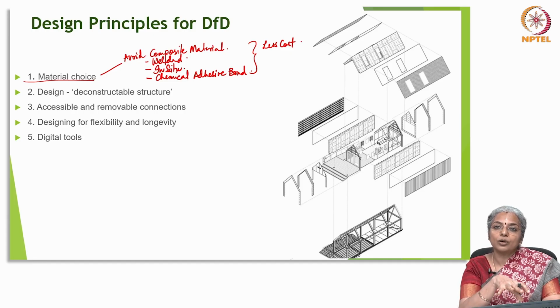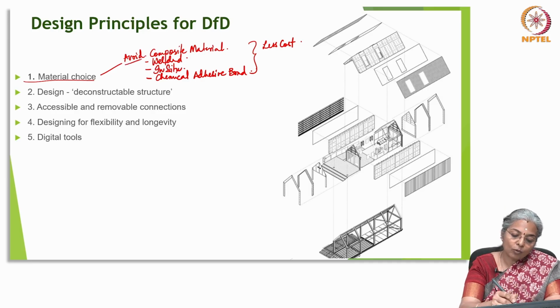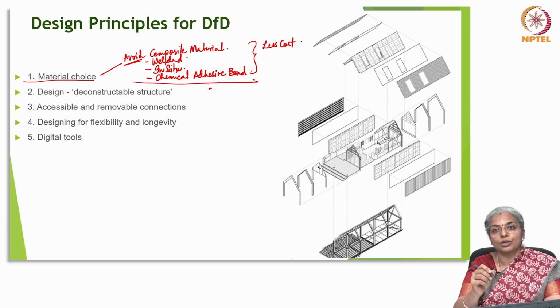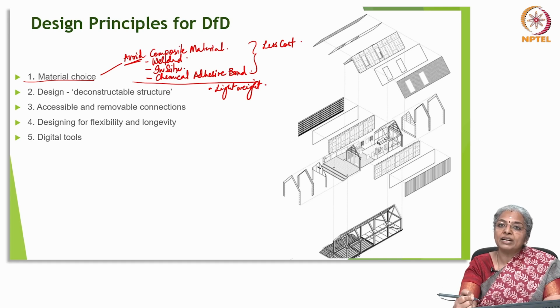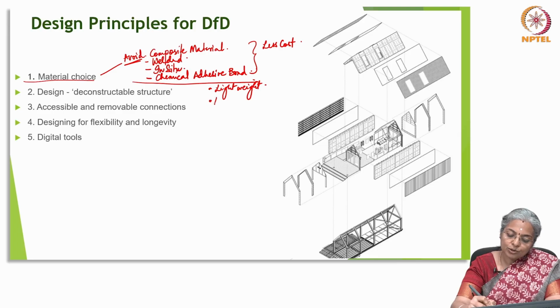Also, we should start looking at, so this is what to avoid, but what should you actually do in the material choice? You should look at lightweight materials. So, the materials should be light in weight, and also you should minimize the variability of materials.